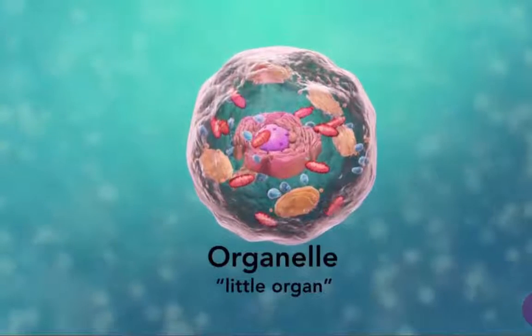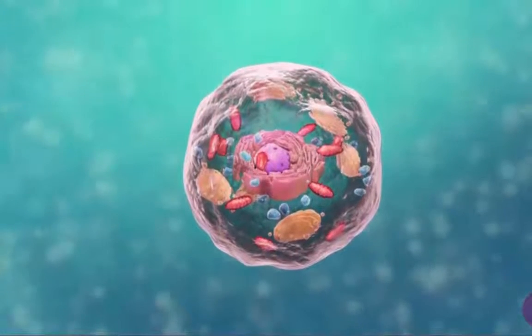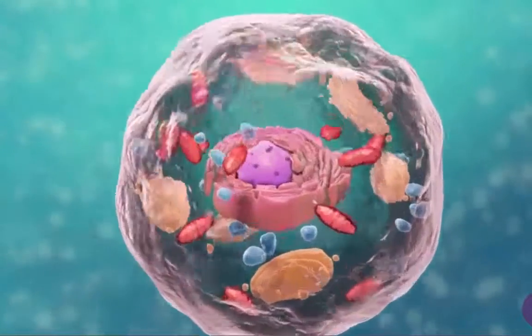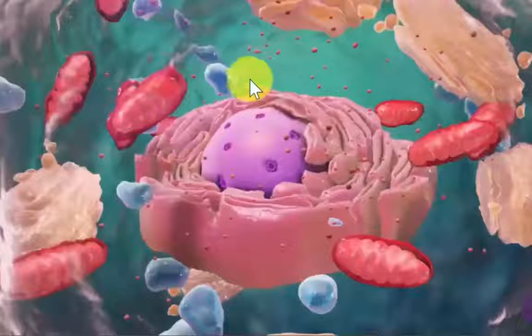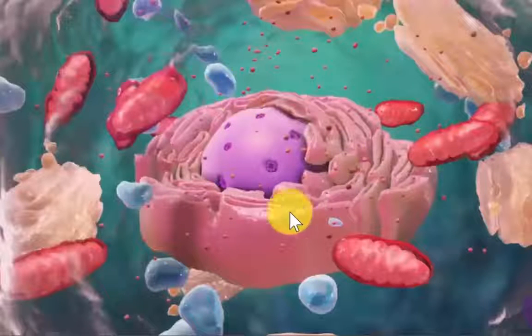Organelle means little organs, and inside the cell there are many different types of organelles, especially in eukaryotic cells. They are complicated and there are many different types of small organelles. First of all, in the center, there's a nucleus, which contains the genetic information of DNA. Outside of this nucleus, there is an intracellular membrane structure, the so-called endoplasmic reticulum.